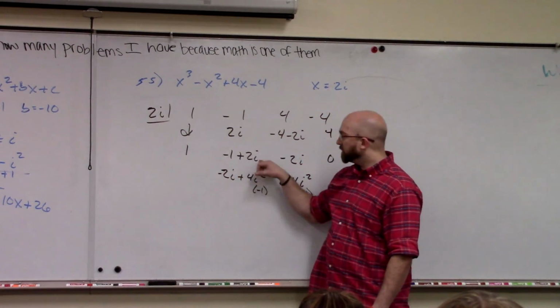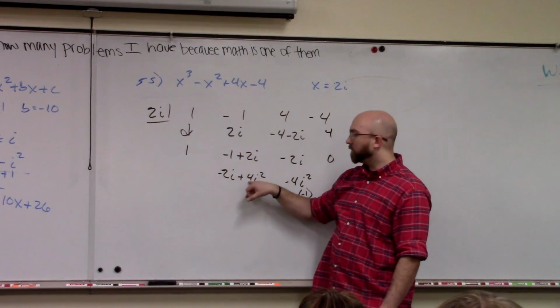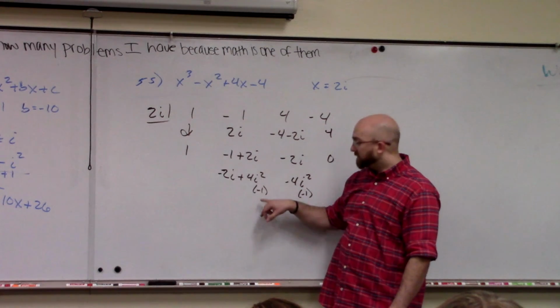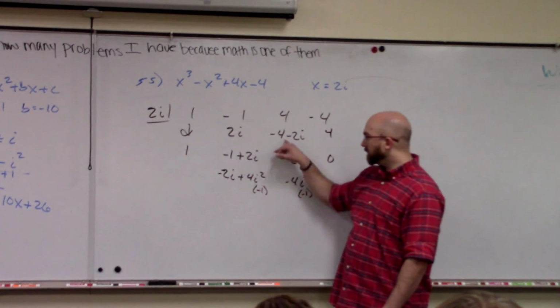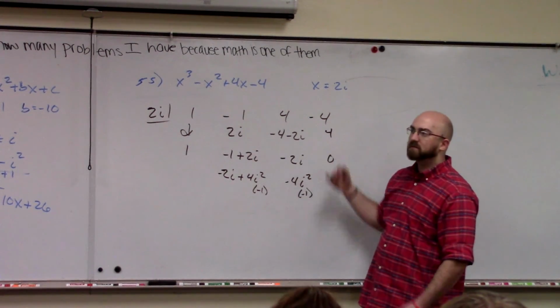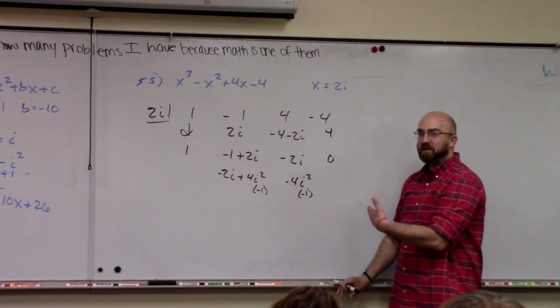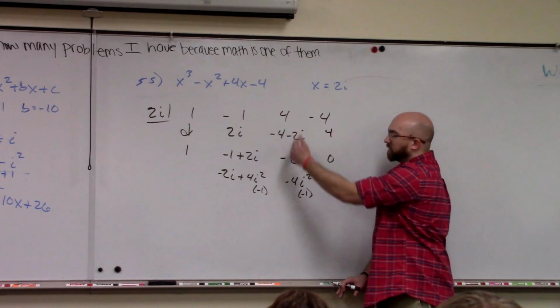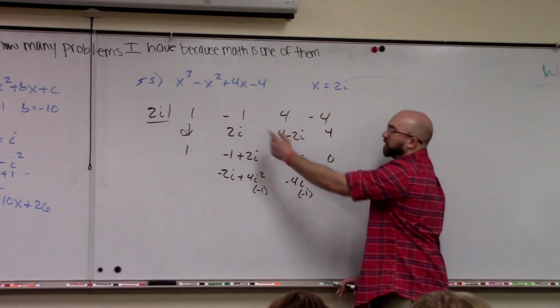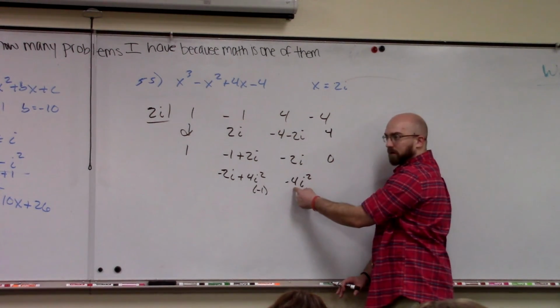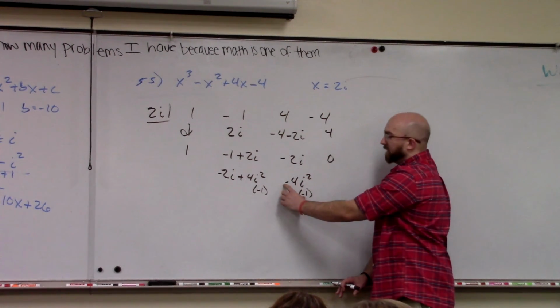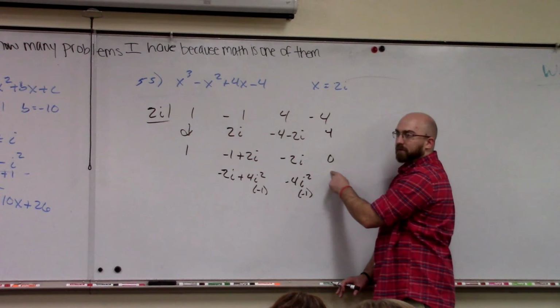Then 2i times 2i, the 2's multiplied give you 4, and i squared, which is negative 1, so I rewrote it as negative 4 minus 2i. Real numbers, imaginary, right? The 4 and negative 4 cancel. I'm left with the negative 2i. Multiply again by the 2i, 4, and i squared, negative 1. Negatives make it positive 4, 0.